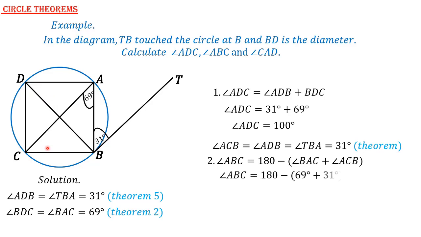So ACB is equal to 180 degrees minus the 69, and here too is 31 because the angle here too is 31. So if here is 31, here is 31. That's angles in the same segment at the circumference of a circle are equal. Therefore, we can find the angle here. That's why we subtracted from 180 degrees. So therefore, our angle ABC is 80 degrees. So this angle here is 80 degrees.